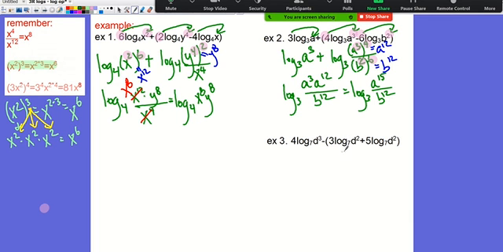All right, let's do this last one over here, example 3. Let me just do the parentheses. Log base 7, this gets moved, I get d squared to the power of 3 over d squared, I already messed up.